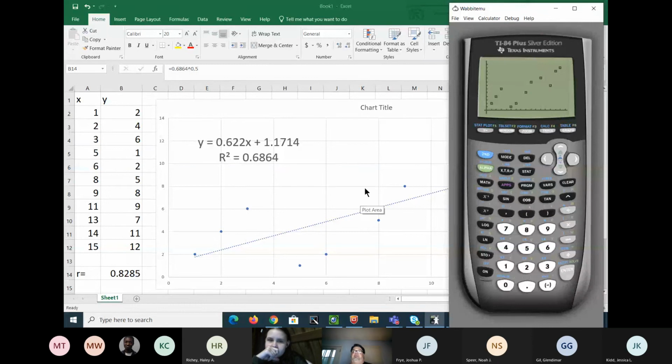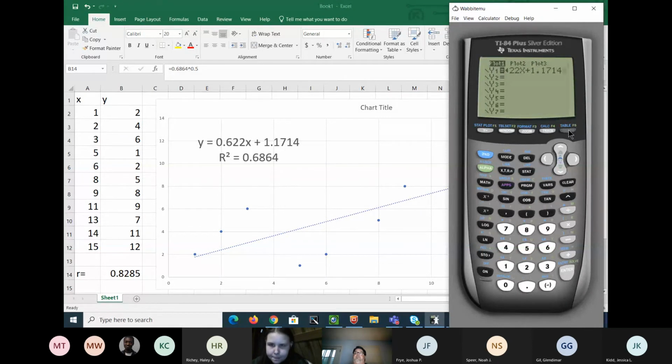Well, Hubert, what about the line? Well, you got to punch it in. So now we're going to hit y is equal and type in 0.622x plus 1.1714.